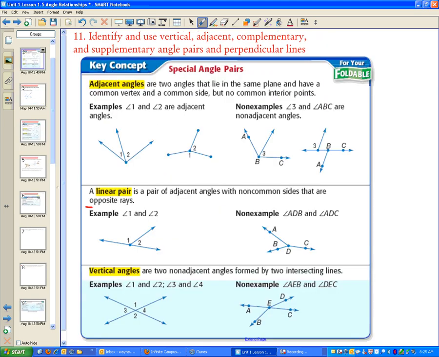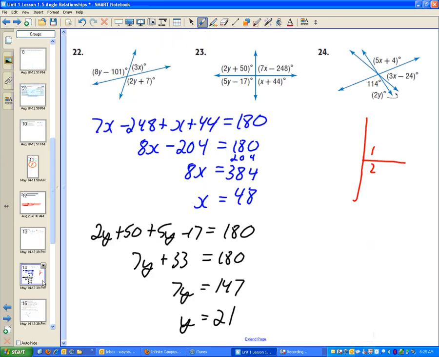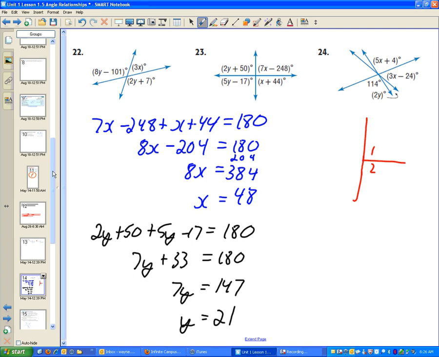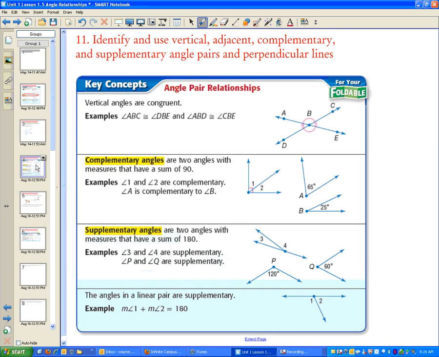A pair of adjacent angles with non-common sides that are opposite rays. Well, isn't that what angle 1 and angle 2 are? They're adjacent angles with non-common sides opposite rays. So they're a linear pair. Then we have the theorem that says the angles in a linear pair are supplementary.